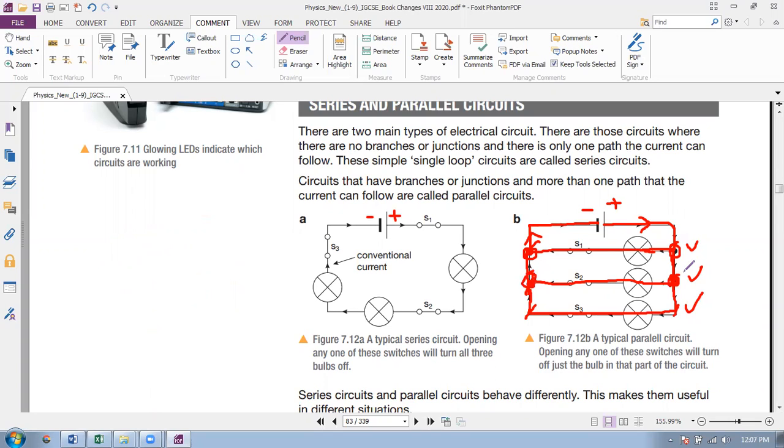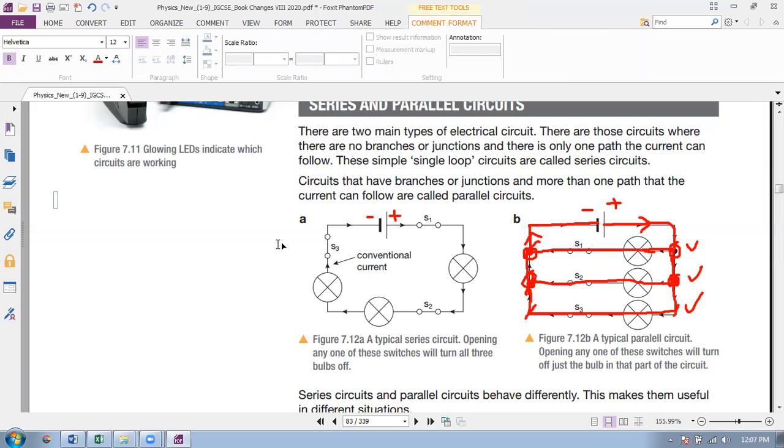A parallel circuit contains more branches, two or more branches. A series circuit contains no junction or branches. So we got some important things to note. Series circuit contains no junction or branch.